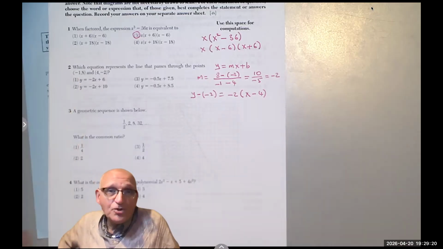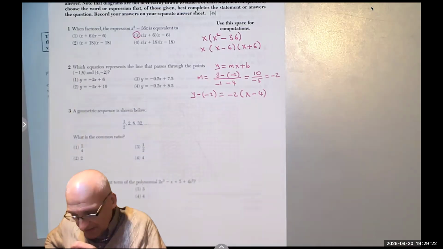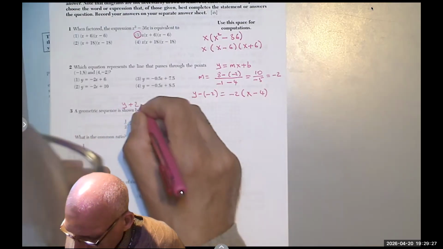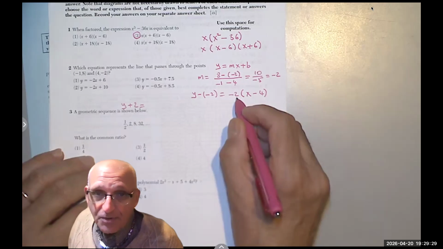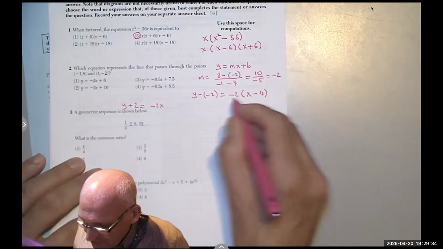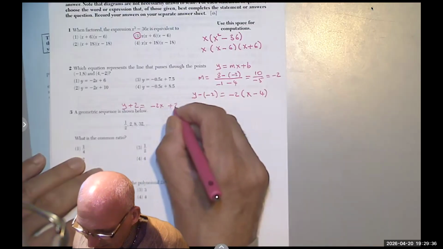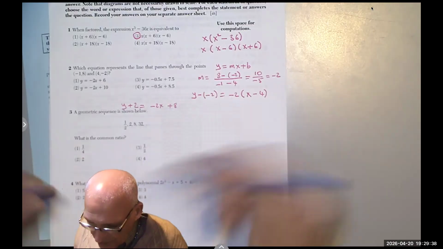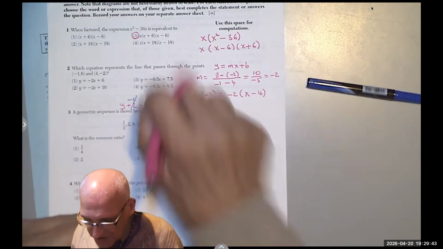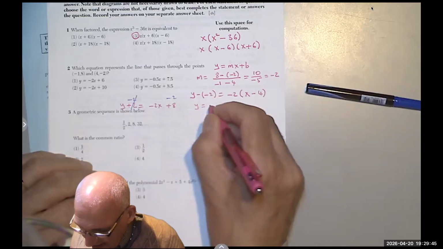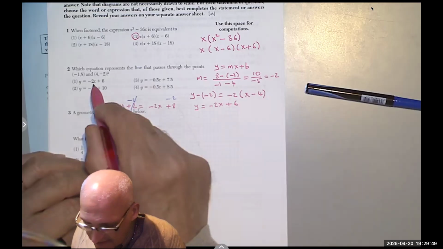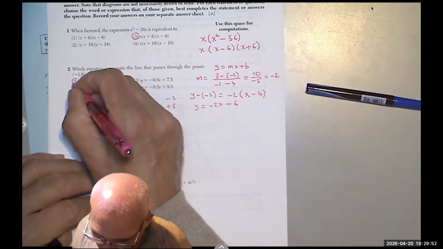It doesn't matter which point you pick, you will end up with the same result. So I get y plus 2 equals, and then you distribute the -2. -2 times x is -2x, and -2 times -4 is +8. Finally, you subtract 2 from both sides because you want y alone. Y equals -2x plus 6. So that's number 1.